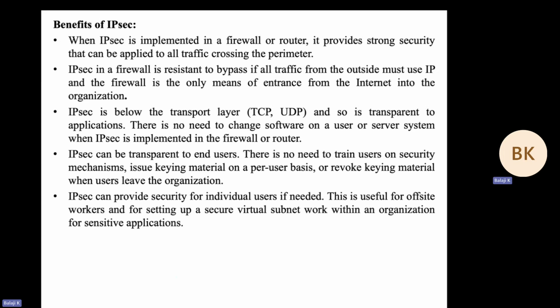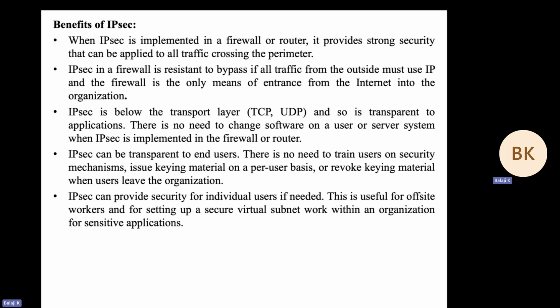IP security can provide security for individual users if needed. This is useful for offsite workers and for setting up a secure virtual subnetwork within an organization for sensitive applications. So IP security can be allocated to each and every individual user. For example, in an organization you can add these things in the firewall so that firewall plus IP security will provide the security.